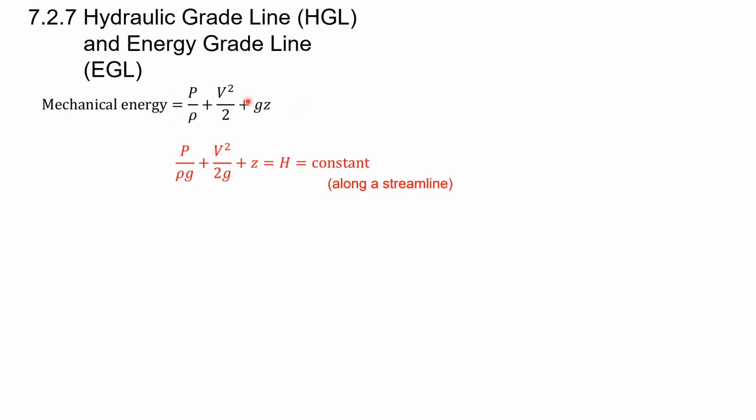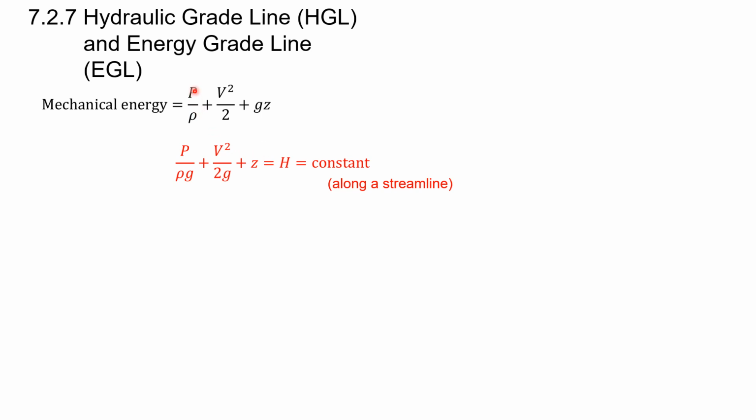Okay, so we know this is the mechanical energy, and this is Bernoulli's equation. If you multiply this equation by 1 over g, you will get this formula.